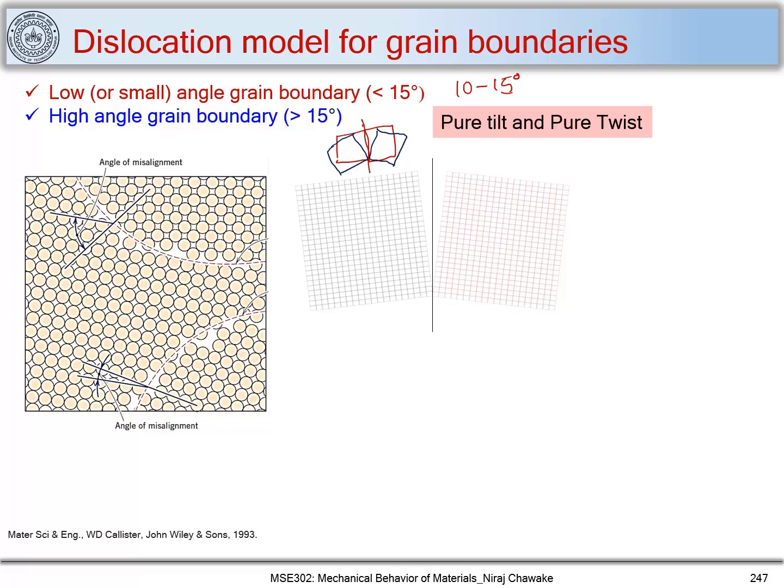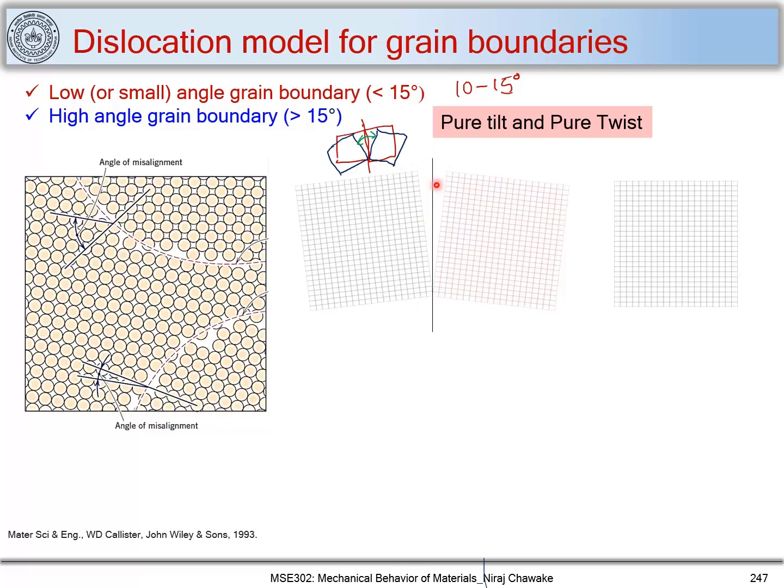So I create a misorientation angle here, and this kind of boundary which is formed is called a pure tilt boundary. So these grains are tilted with respect to this axis.